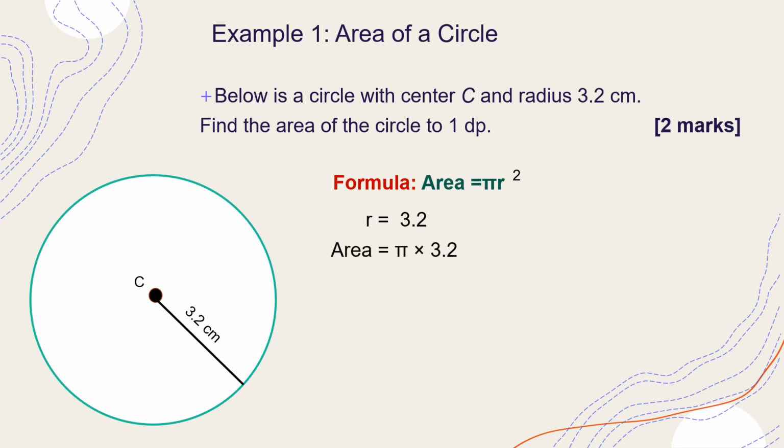So we have area equals pi times 3.2 squared. Using pi on a calculator, we get 32.169 and so on. And the answer will be 32.2 centimeters squared. I have rounded to the first decimal place because the question is asking to answer to one decimal place. So please don't get confused and write the answer correctly.